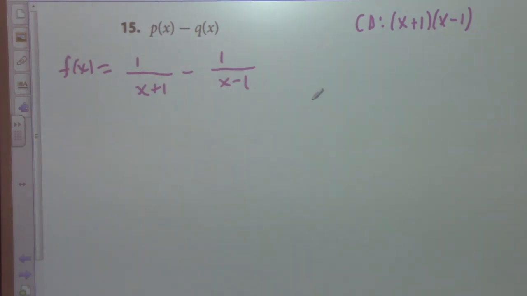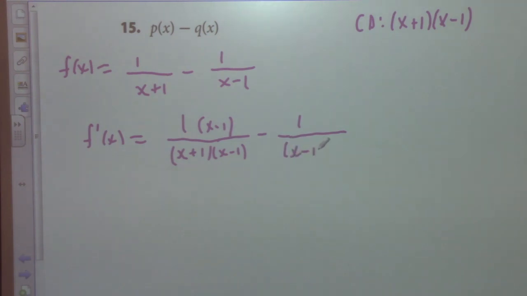Okay, so I rewrote it as 1 over x plus 1 minus 1 over x minus 1. f of x equals 1 over x plus 1, and then you multiply by x minus 1, and you subtract out 1 over x minus 1, x plus 1.